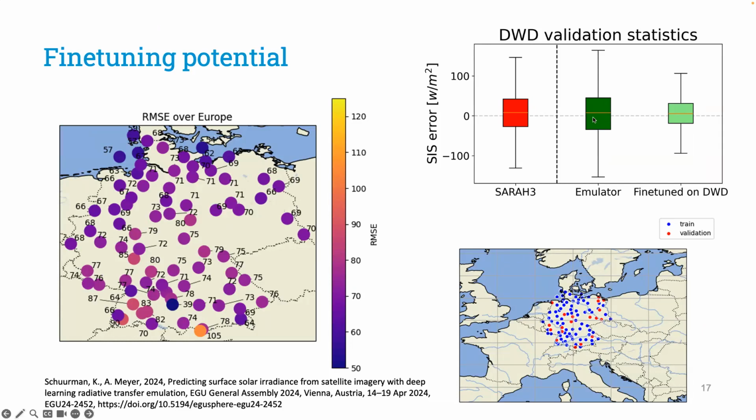And then this is the box plot for the distribution of the emulator with regard to the DWD stations. And on the right-hand side, you can see the distribution of the root mean square errors of the global radiation that you can achieve with additional fine-tuning of the model on subsets of those parameters, in this case Germany. And we saw the fine-tuning also gives good results for other regions.